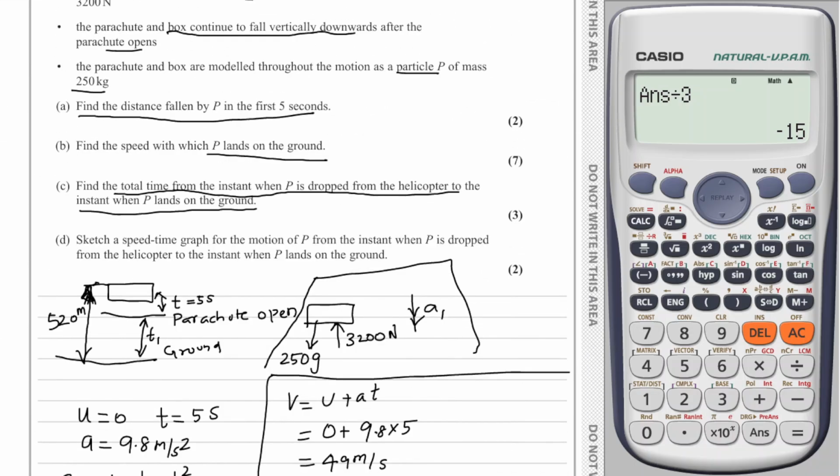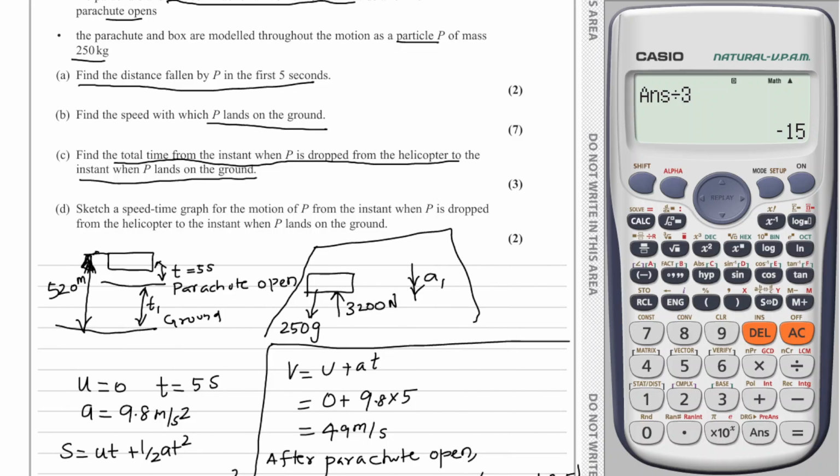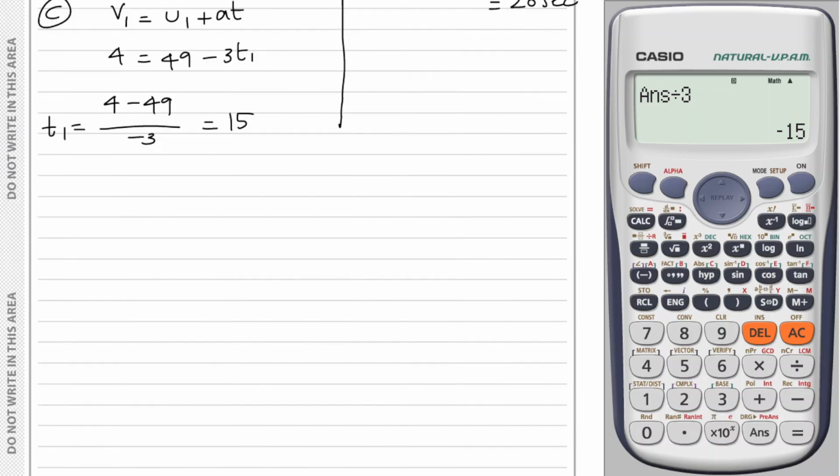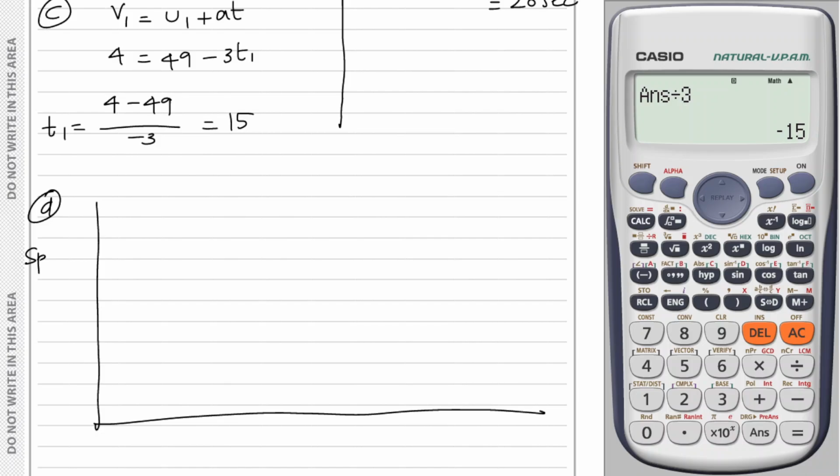Now we need to sketch a speed time graph for the motion of P from the instant when P is dropped from the helicopter to the instant when it lands on the ground. So here this is the D part, and we need to sketch a speed time graph. Here we write the speed in meter per second, and here it is time. When the time is 0, it is at rest, so it's here.